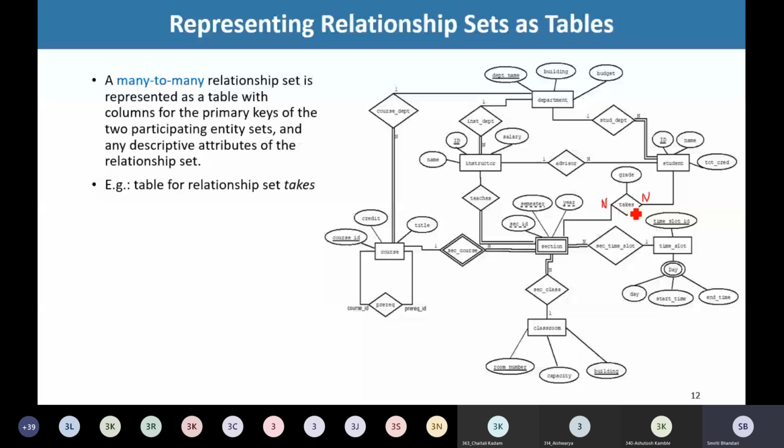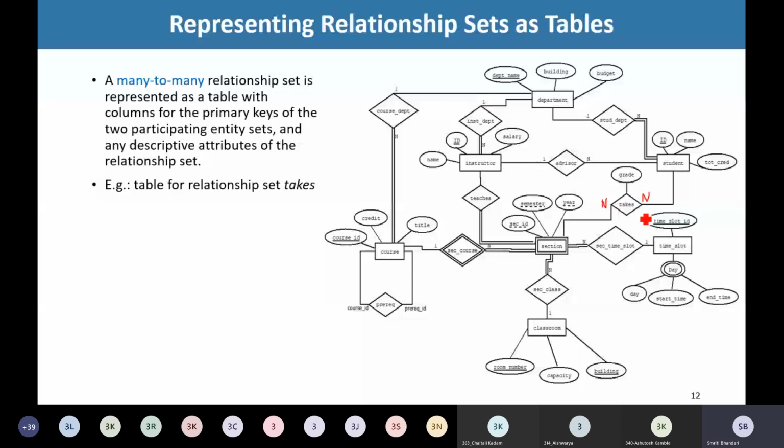So what are we storing actually in this relationship set? Which student has registered for which sections. One student may register for many sections and one section is registered by many students. So this relationship set is many-to-many, and we also have a descriptive attribute, that is grade.